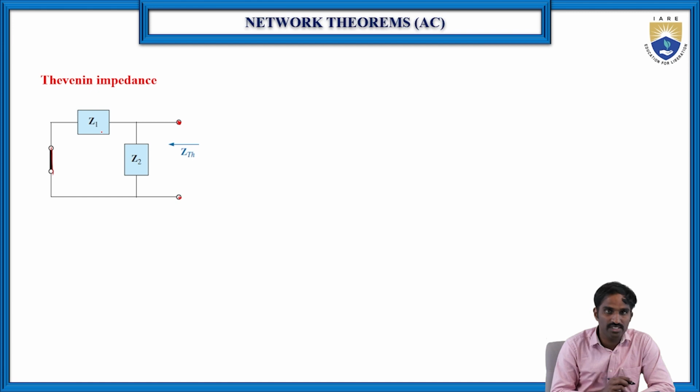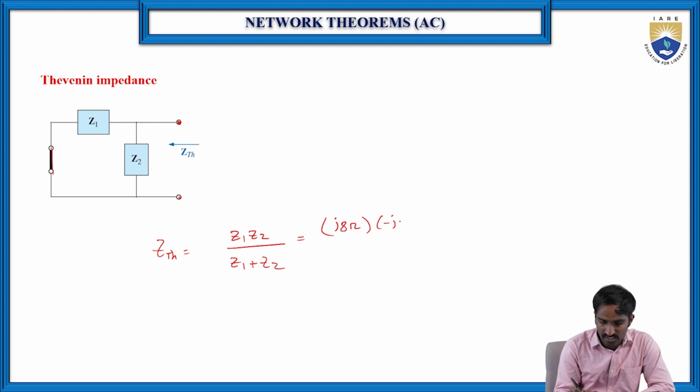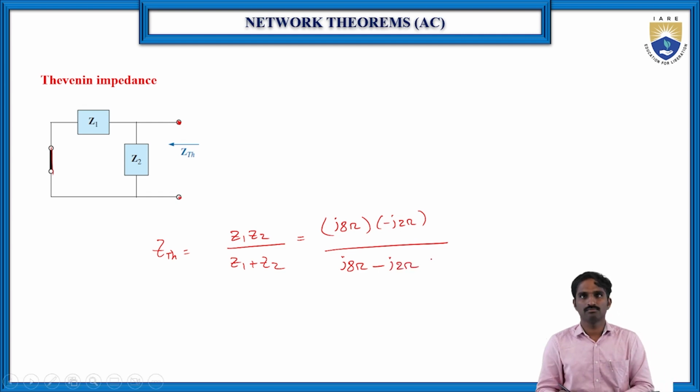Here Z1 and Z2 are in parallel. Then Z Thevenin's is equal to Z1 Z2 divided by Z1 plus Z2. Then substitute these values: j8 ohms into minus j2 ohms, divided by j8 ohms plus minus j2 ohms.